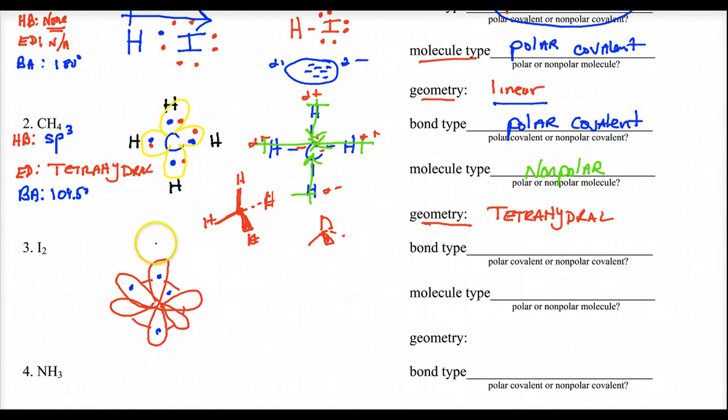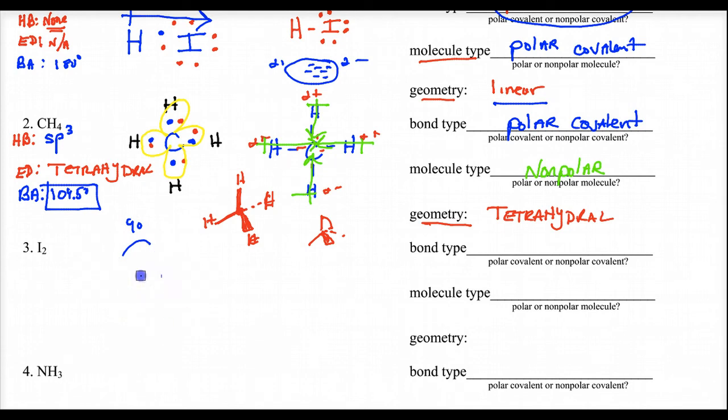Well, if an H comes in and bonds, which would be spherical, you would have a 90-degree bond angle here. So this would also be a 90-degree bond angle, no matter what you do here. But we know from experience that it's 109.5, so it has to hybridize. We can't treat these as unhybridized orbitals. It just doesn't work. A central atom, if it's bonding to more than one thing, unlike number 1, has to be hybridized.